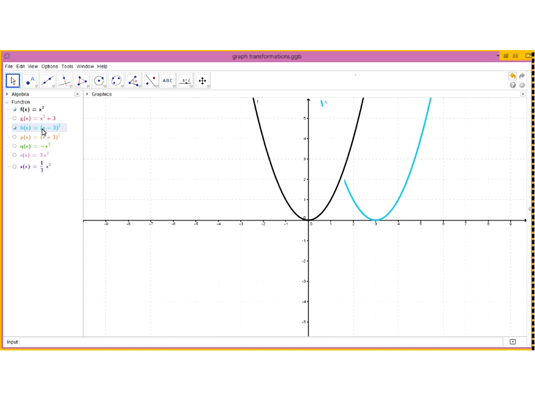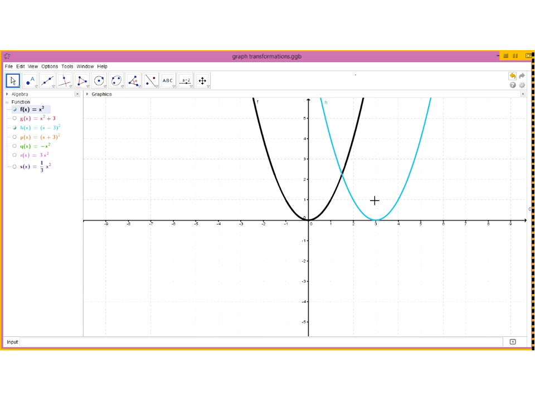Now let's look at what happens when we put x minus 3 in the parentheses. So the blue graph's the result. And we see that it moves over 1, 2, 3. So x minus 3 in parentheses moves the graph 3 units to the right. Every point's moved 3 units to the right.